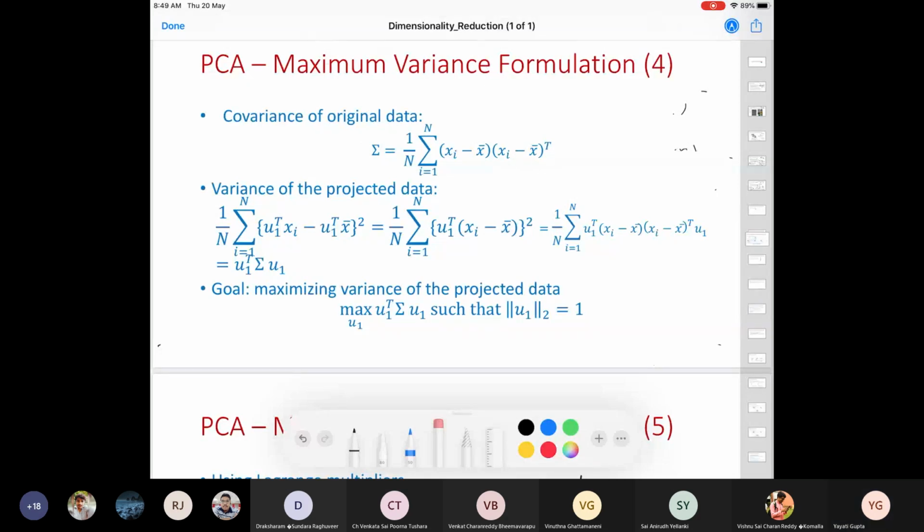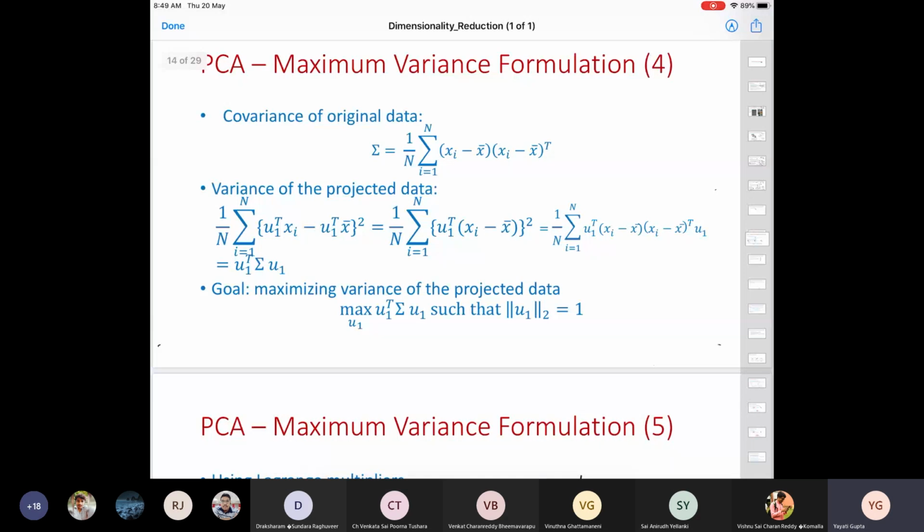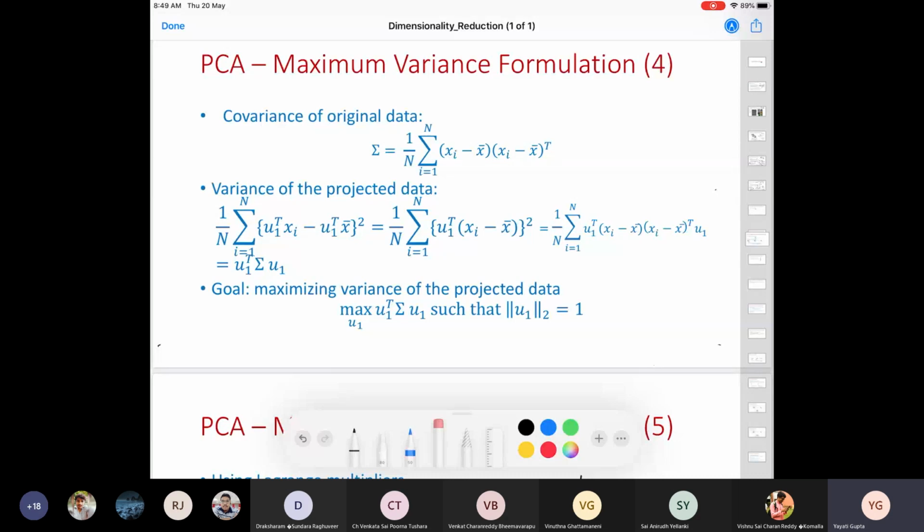Now, just a correction here. If you assume your data to be in a d-dimensional space, if each point is a column vector, the formula would have the transpose here, and here there would be no transpose.